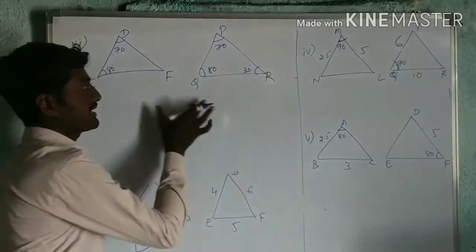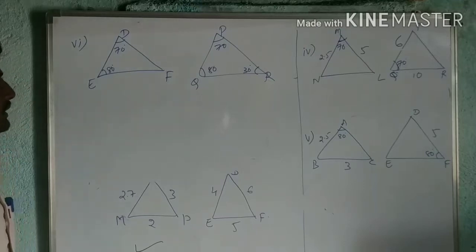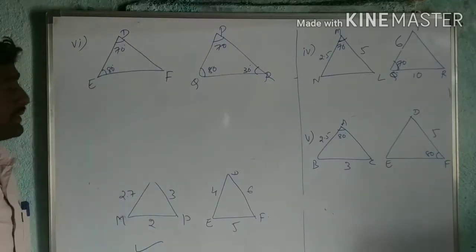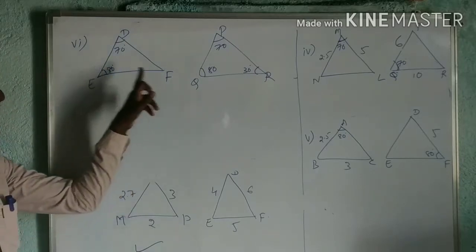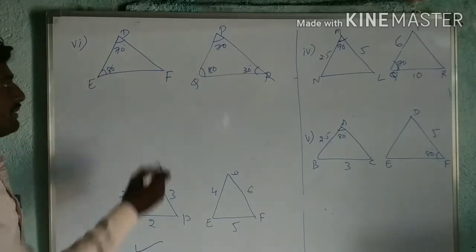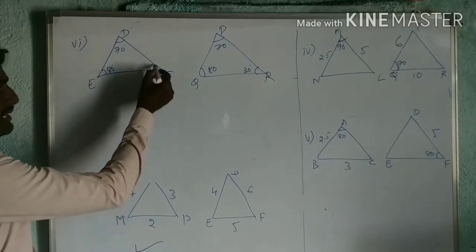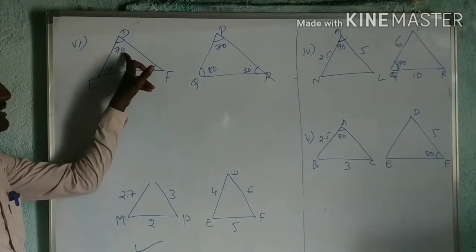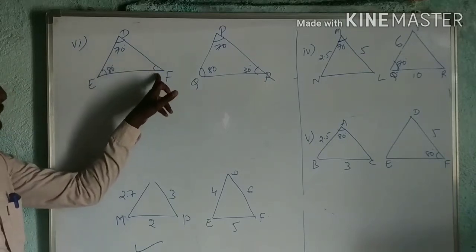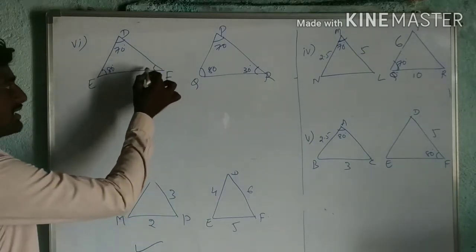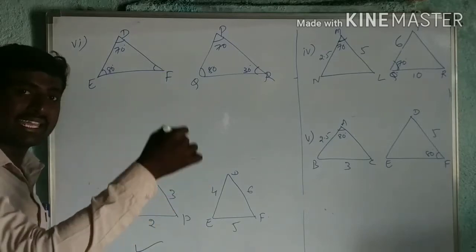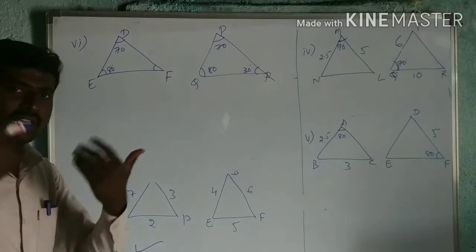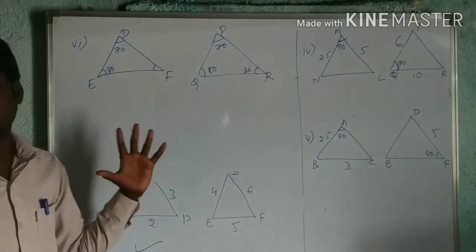Okay. Next, the last one here. Again, angle D is 70, angle P is 70. Angle E is 80, angle Q is 80. Then by angle sum property you will get this also as 30, because 80 plus 70, that is 150, plus 30 must be there. By using AAA similarity criterion, these two triangles are similar. Otherwise, instead of saying AAA, you can say directly AA.